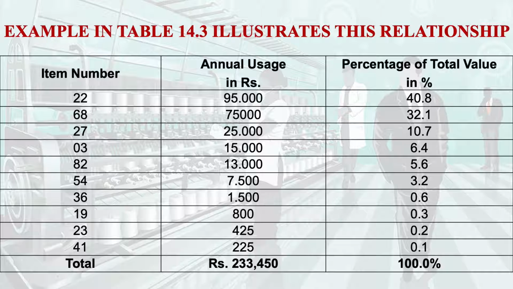You will find that the total is about 2,33,450, and for item 22, the value is 95,000. This constitutes 40% of the total value of the money, while in the case of item 41, it constitutes only 0.1%.